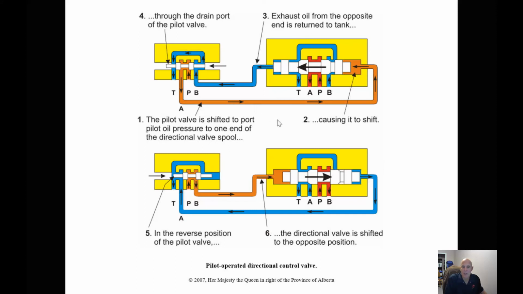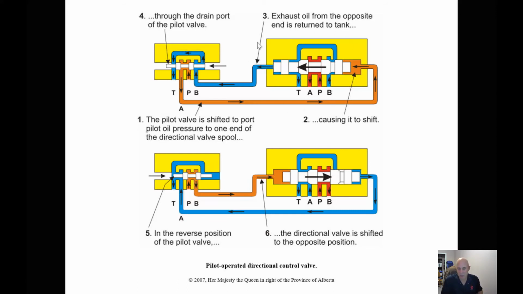Now pilot operated systems, and this is where we're using low pressure hydraulic fluid to control the high pressure control valve. For instance, a pilot operated system may run at 300 psi, and all it's doing is providing hydraulic oil to a control valve.